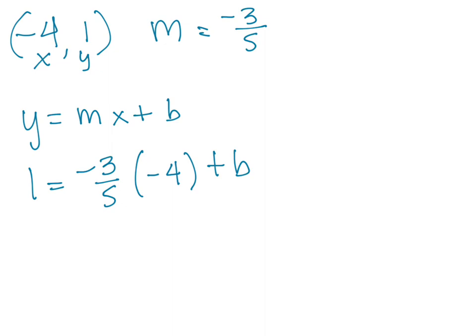We're doing all right? When I multiply these two fractions, I don't actually see two fractions. I just multiply the -4 by the top. Just the top, not the bottom. So -4 times -3 makes positive 12/5 plus b equals, I could write 1 right here.